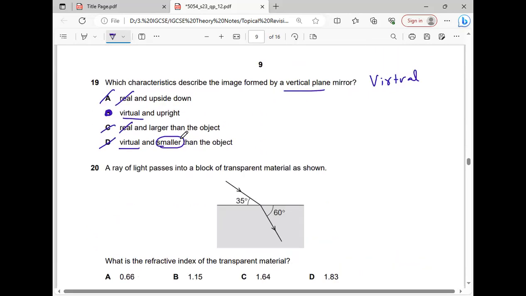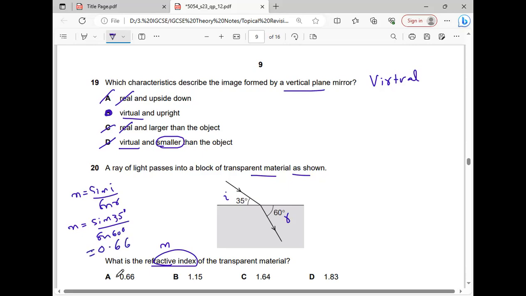Okay. MCQ number 20. A ray of light passes into the block of transparent material as shown. What is the refractive index? If we apply the formula with I and R, n is equal to sine I over sine R, sine 35 divided by sine 60, then in that case the answer will be 0.66, that is option A, and this is the wrong option.